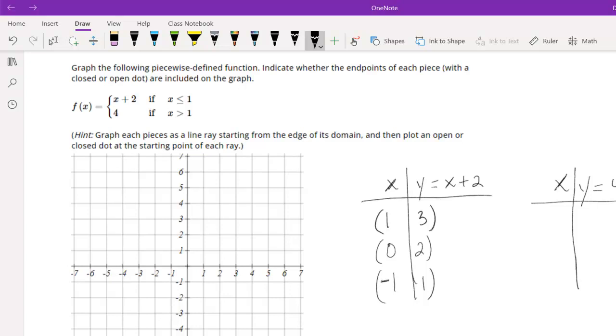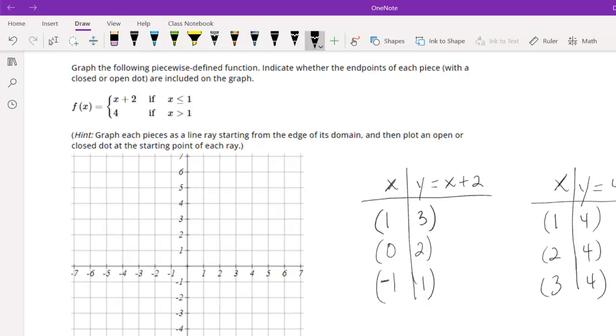When I graph it, since I don't have the equal to bar, I'm simply going to use an open circle. So I'm going to use the points 1, 2, and 3, because those are points that are greater than 1. And no matter what x is equal to, y has to equal 4. So I have 3 ordered pair points.